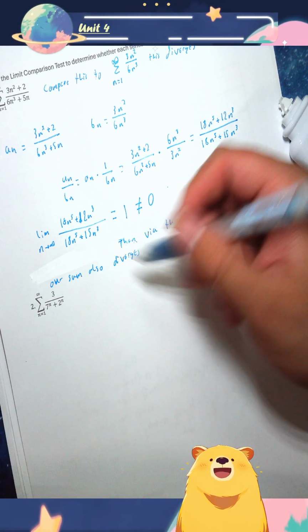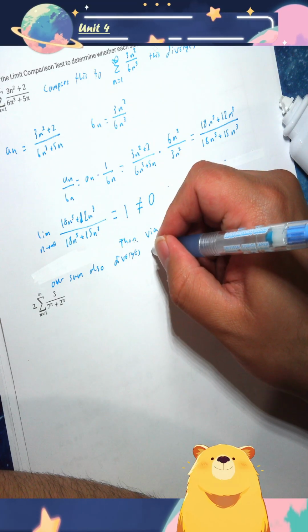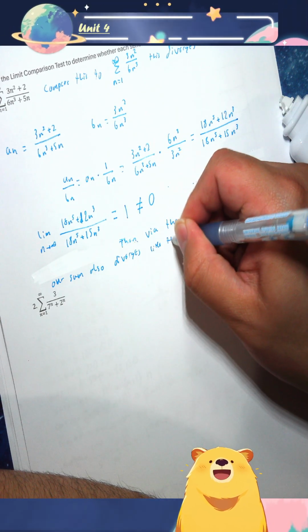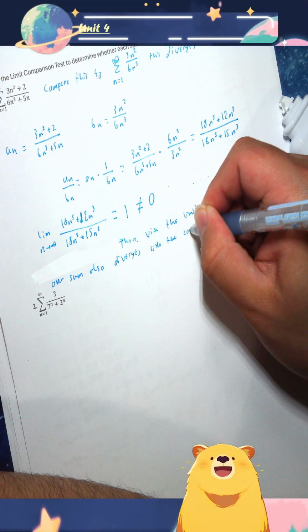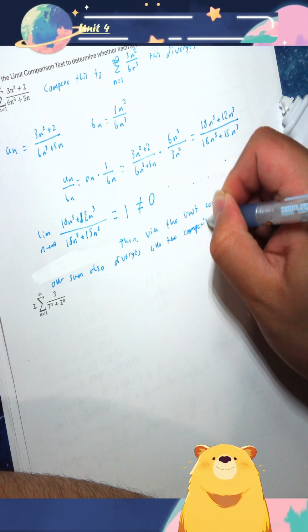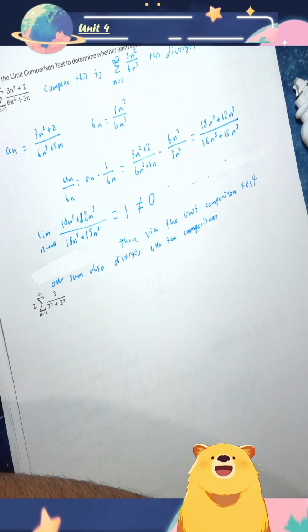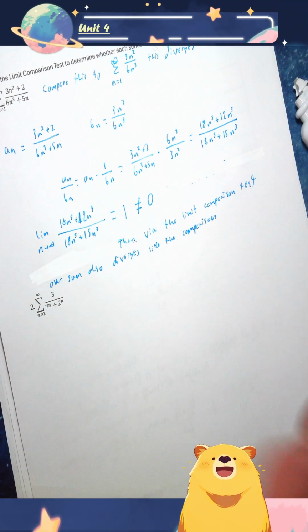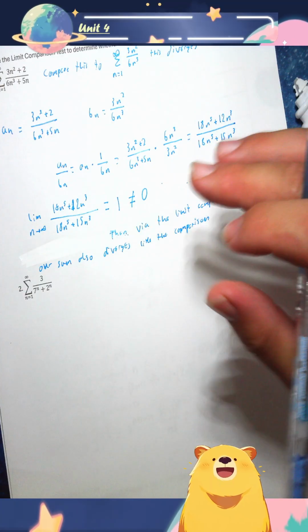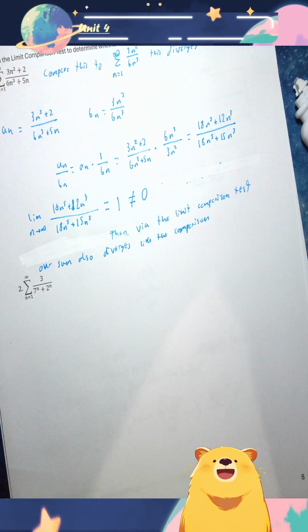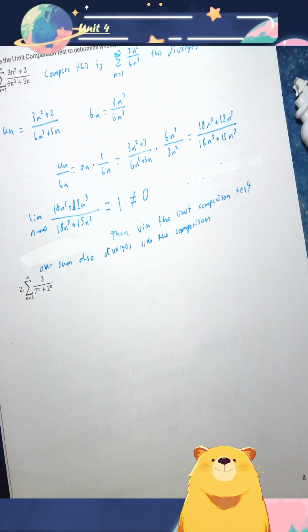Then our sum also diverges like the comparison. Okay. Yeah, sorry. I think I confused the strategy on top of the other strategy. That's on me. Okay. All right.